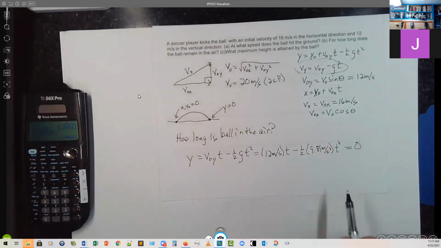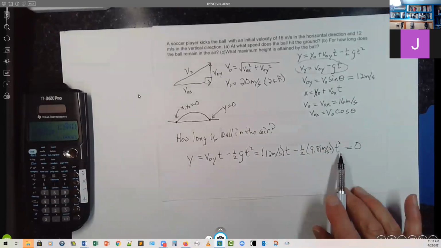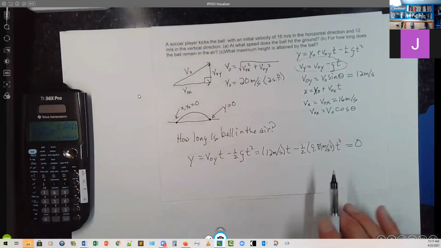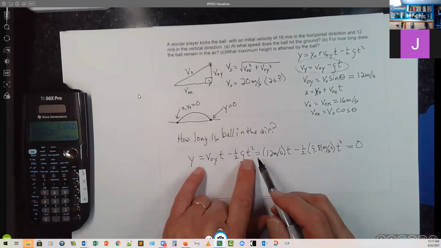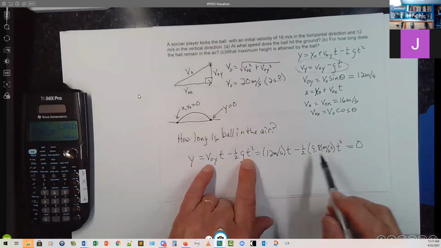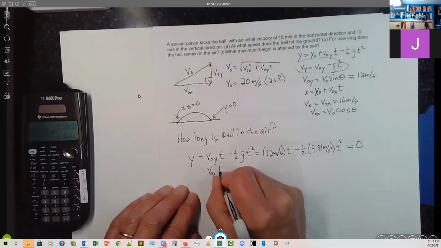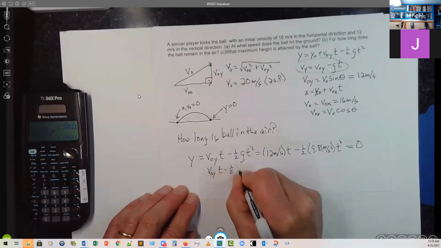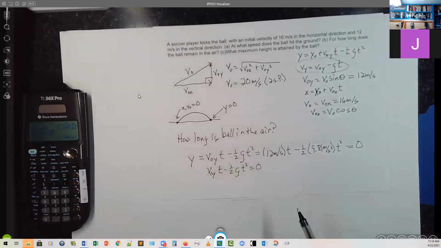Now, this could be a scary looking quadratic equation here, except that it's not. Actually, I'm going to leave it in letter form first and set that equal to 0. V naught y t minus 1/2 g t squared is equal to 0.